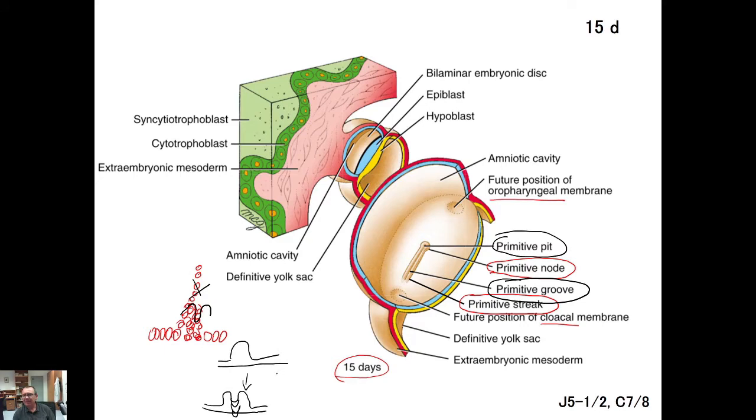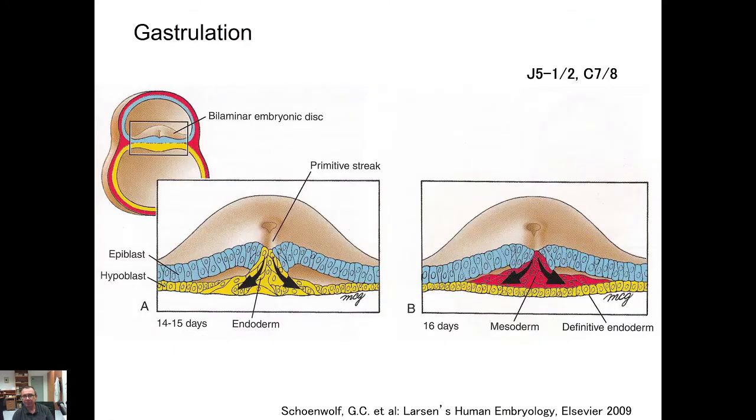Okay, and the formation of the primitive streak and groove is the beginning of gastrulation, and the formation of the primitive node and pit is the beginning of notogenesis. I explain it. So let's go to gastrulation.